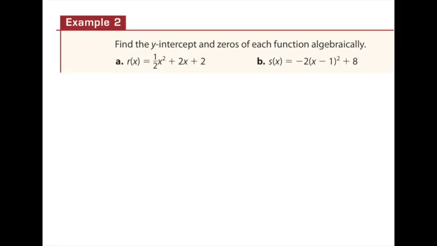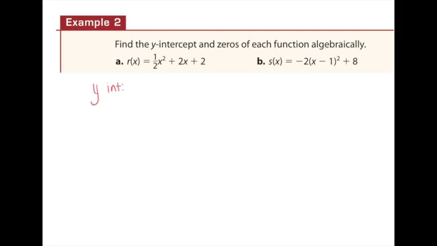Well, we actually did this last quarter. We did it actually in the last chapter. If you want to find them algebraically, there's just two things you have to do. Y-intercept is very simple. You're going to plug in a 0. So y-intercept is the easy one here. For these, if I want to find my y-intercept for A, I'm going to plug in a 0.